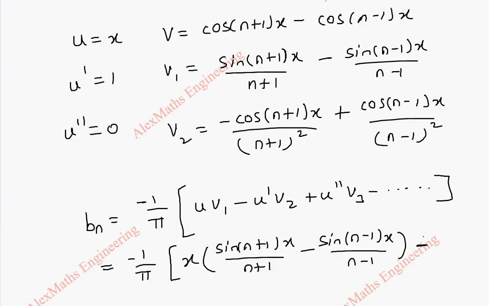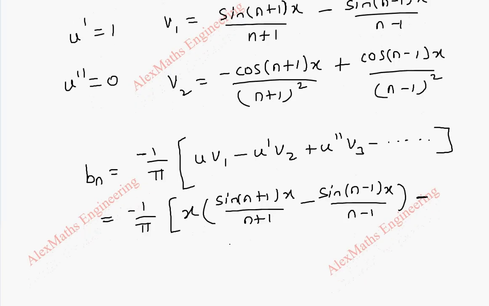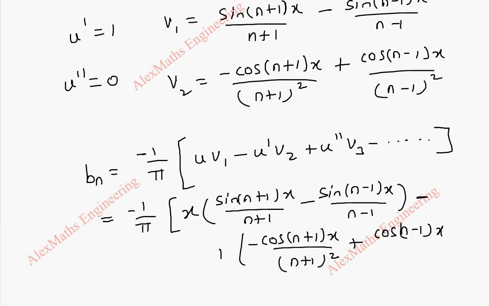Then minus u dash is 1, so 1 into v2. v2 is minus cos of n plus 1 x by n plus 1 whole square plus cos of n minus 1 x by n minus 1 whole square. Then we have a limit 0 to pi.